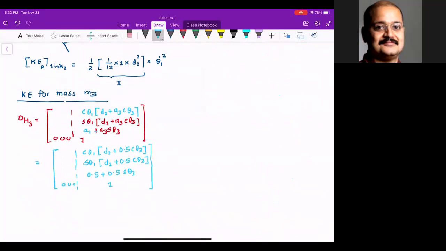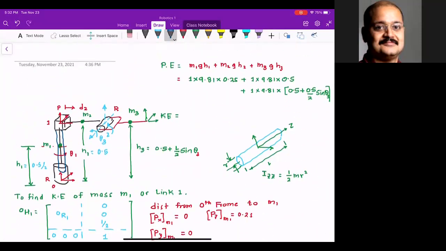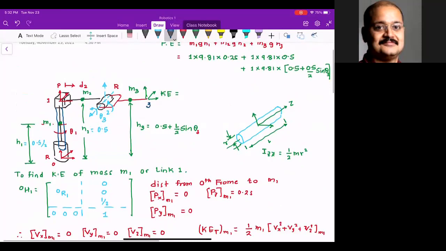Now, what I want to ask you is, we want to find out the distances to M3. These distances are from 0 to 0h3, which means these are the distances all the way from here. But we want it to M3.